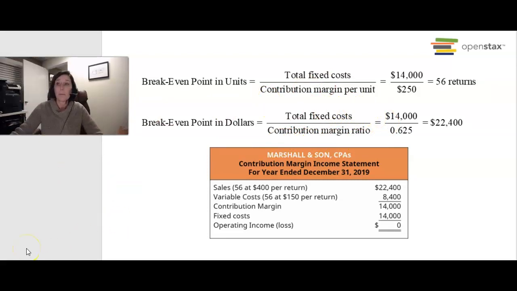So we're back here, and we see that for this service company, they are going to use, again, these very same calculations to achieve their break-even point in units and in dollars. So we've got total fixed costs divided by contribution margin per unit, and then total fixed costs divided by the contribution margin ratio to get the break-even in dollars.